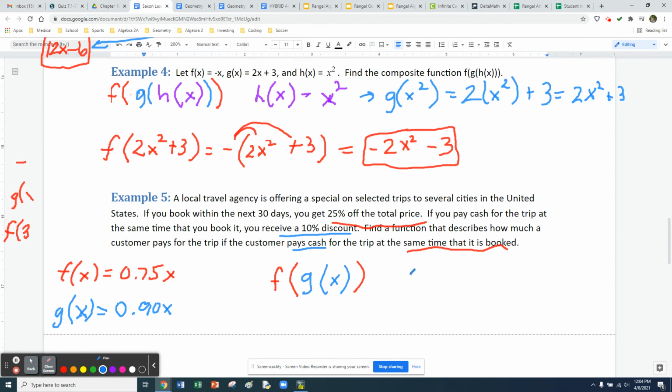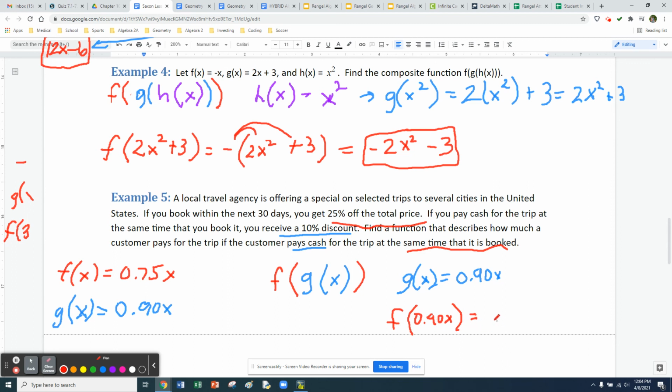So first, g of x is equal to 0.90 times x. That now inputs into my f of x function. So I'm going to apply both of these functions back to back on my trip cost, to find the cost of my trip if I run it through both discounts: the cash discount and the booking-in-30-days discount.